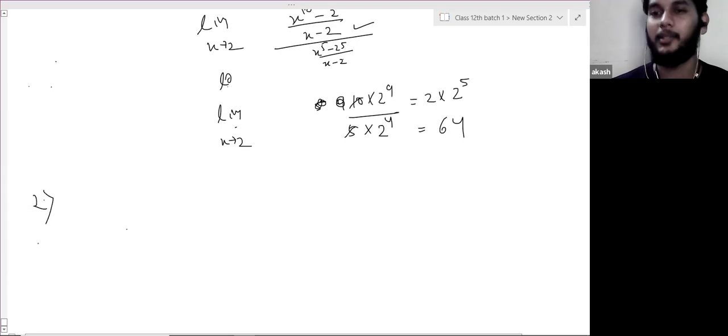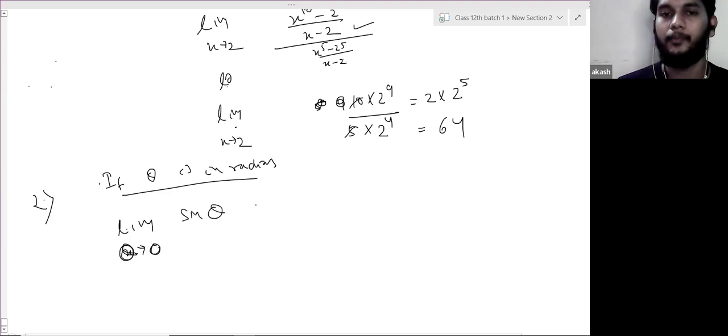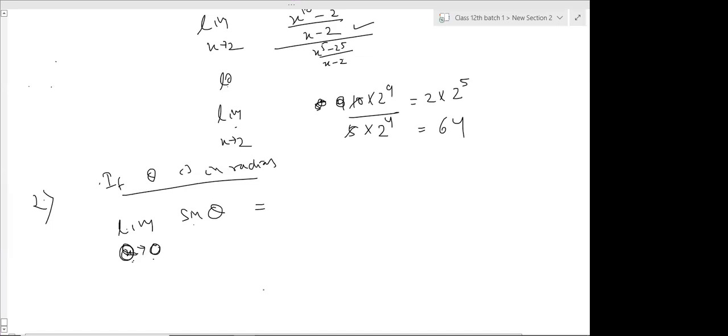Some more standard limits we have. If theta is in radians, then we can say limit theta tending to 0 sine theta. We can use direct substitution here. If theta is tending to 0, then sine 0 will be what value?